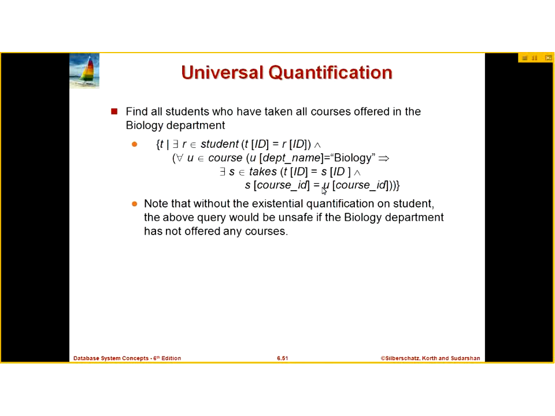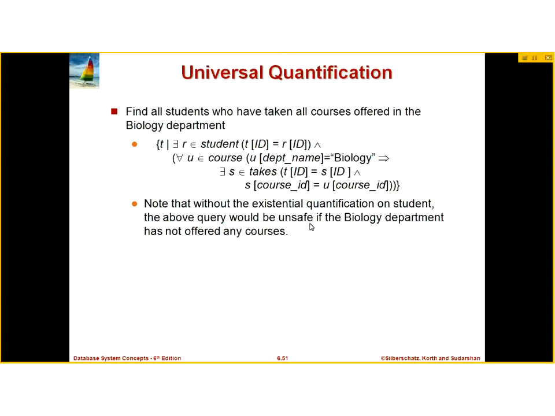You can do universal quantification as well, for example, to find all students who have taken all courses offered in the biology department. You can select them in this way: T, where there exists R belongs to student, and the tuple ID is equal to the relation ID, and for all U belongs to courses, U department name is biology and takes that course.